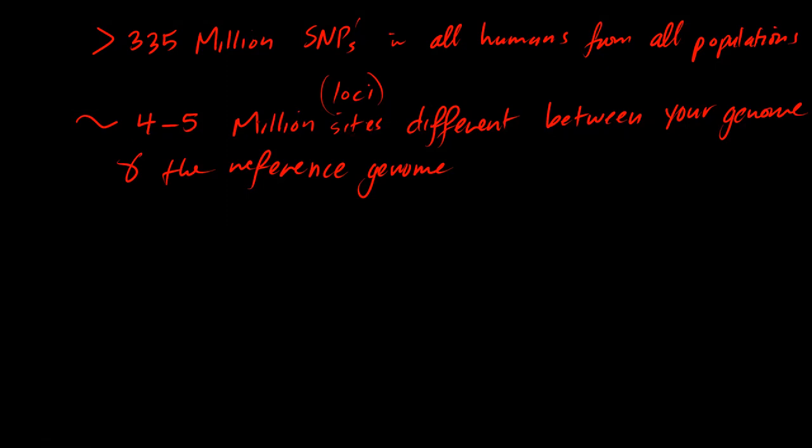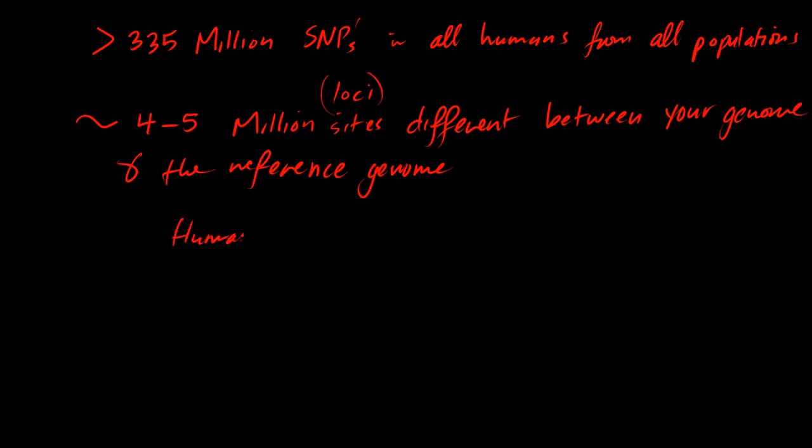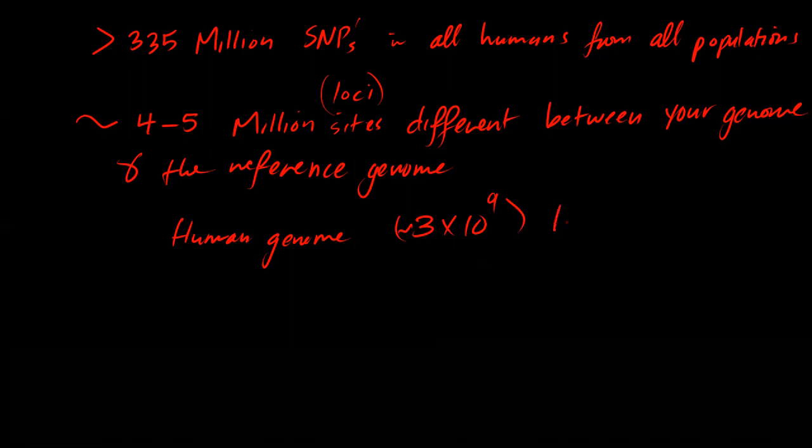So if we analyze the genome from all students, most of the genome will be identical except for 4 to 5 million sites. Remember, the haploid human genome consists of approximately 3 billion bases. Okay?